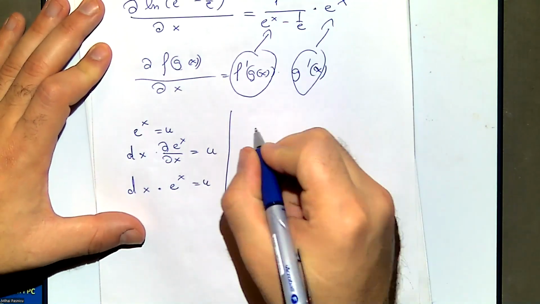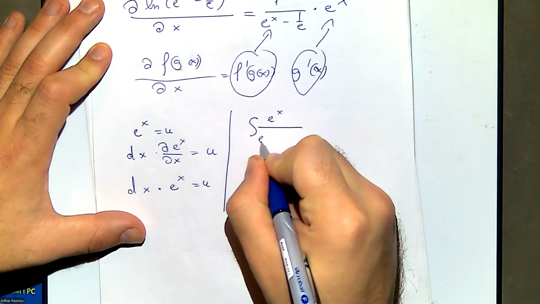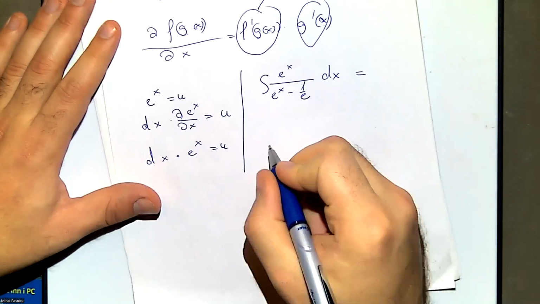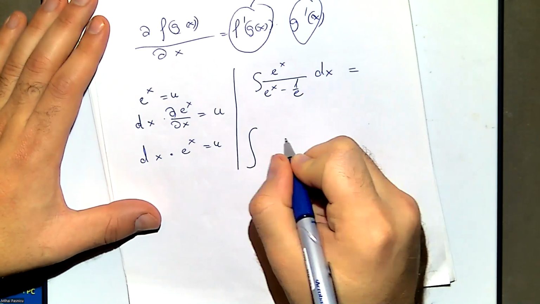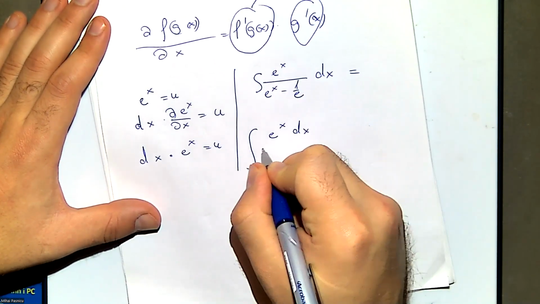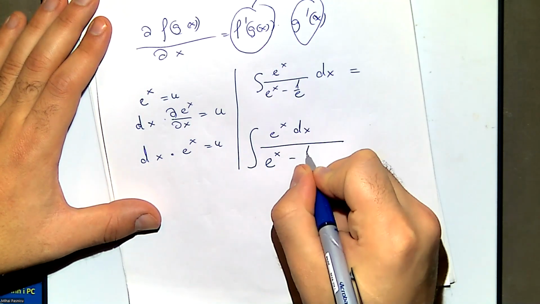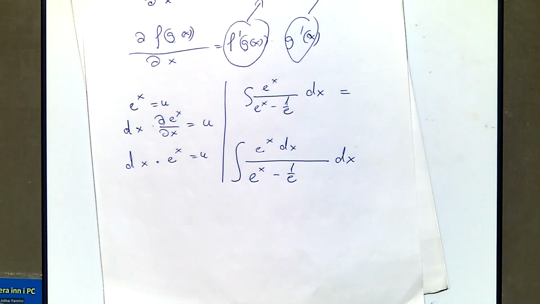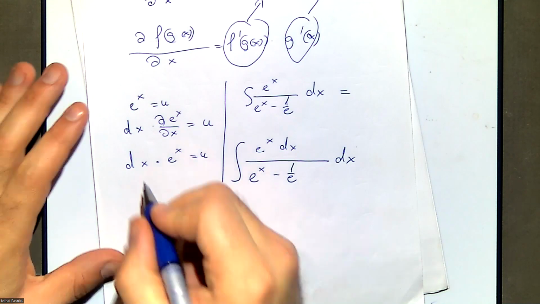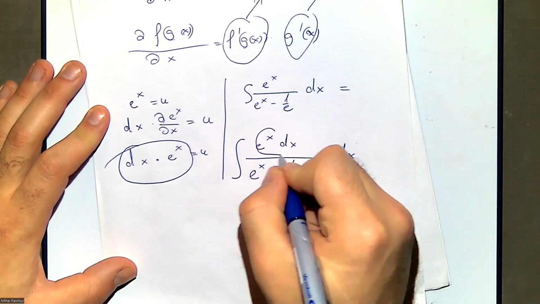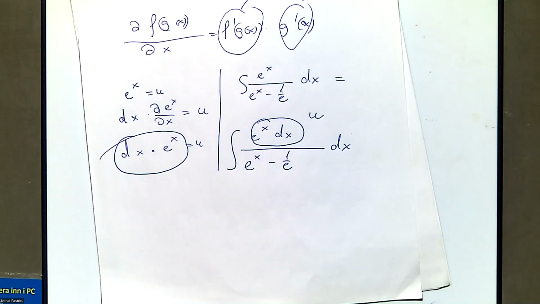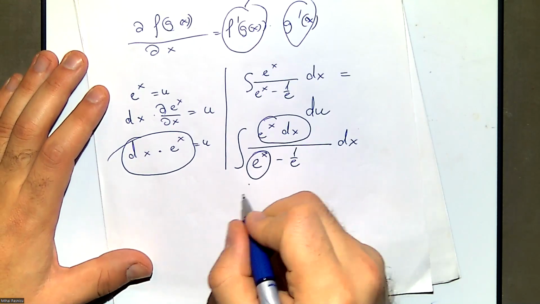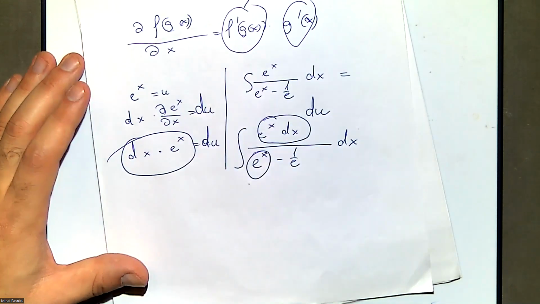If I were to replace my thing, I would have the integral of 1 over e^x minus 1 over e dx, which is equal to the integral of e^x dx over e^x minus 1 over e. Why did I write it like this? Because I wanted to emphasize that e^x dx is equal to du, and e^x is equal to u. Sorry, I missed the d here, du.